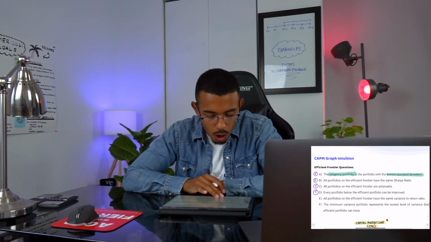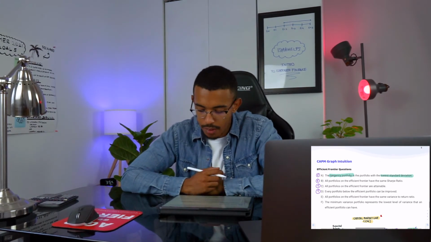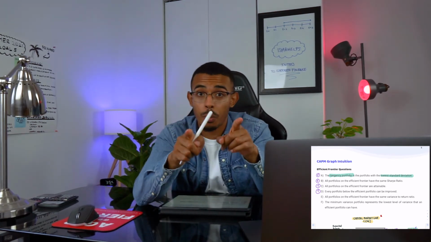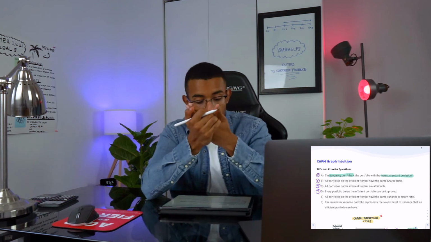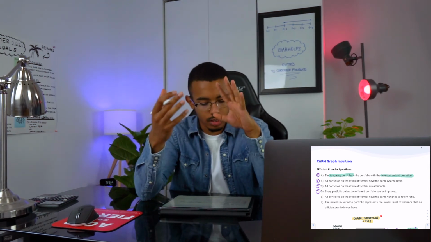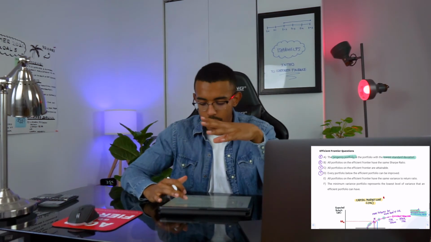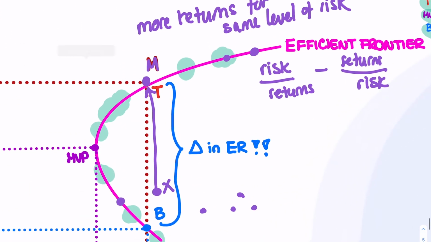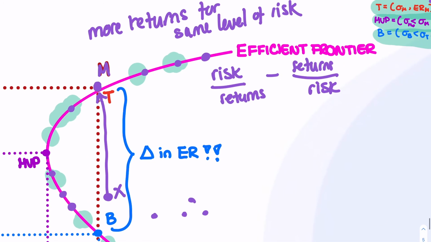Now, E says that all portfolios on the efficient frontier have the same variance to return ratio. And this is super important because it goes back to our A. It goes back to the idea that when we look at our efficient frontier, we know that every single point is a different combination of risk to returns or returns to risk.